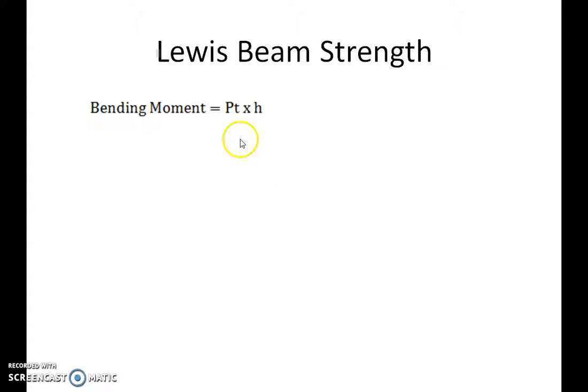Bending moment is given by Pt into h. Then I is given by 1/12 b t cube, a standard rectangular cross section. Tangential force is given by m b sigma_b y, where m is the module, b is the face width, sigma_b is the bending stress.